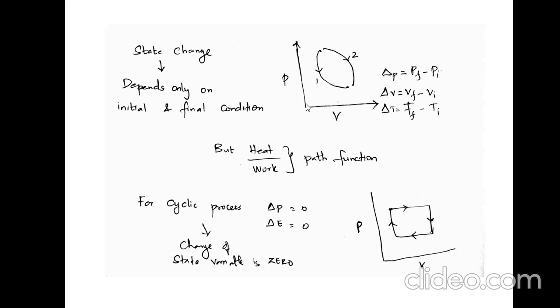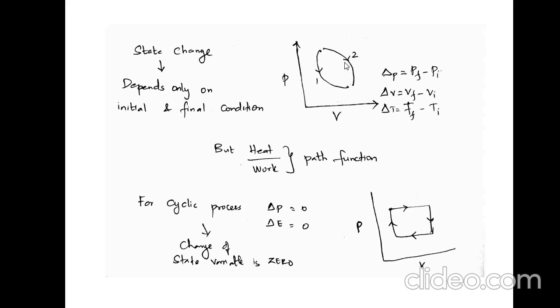For example, if we look at the change of state, from one point to another point. This is one way of achieving this point and this is another way of achieving this point, right? Two ways. So we take the pressure here and the pressure here, right? The change in pressure is nothing but final pressure minus initial pressure, the change will be this del P, right?